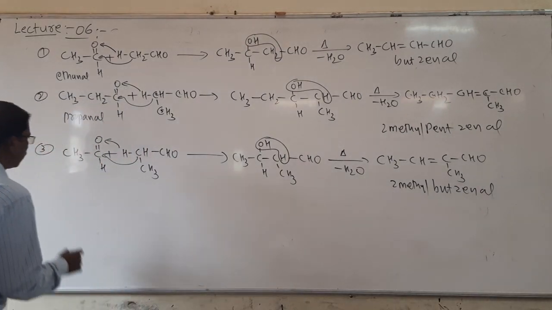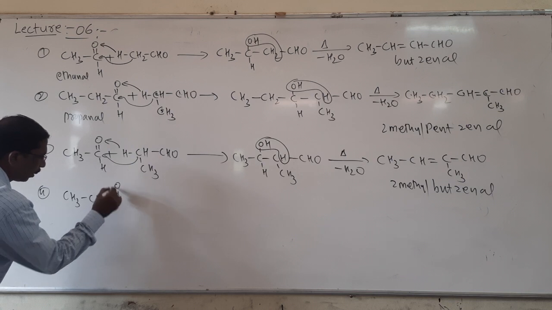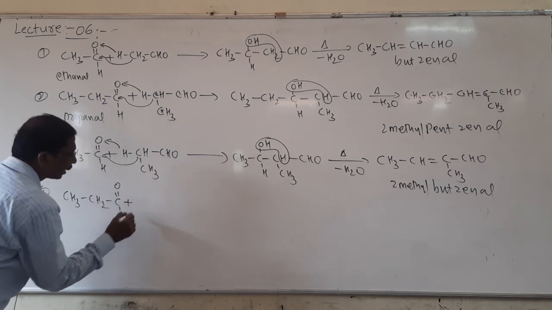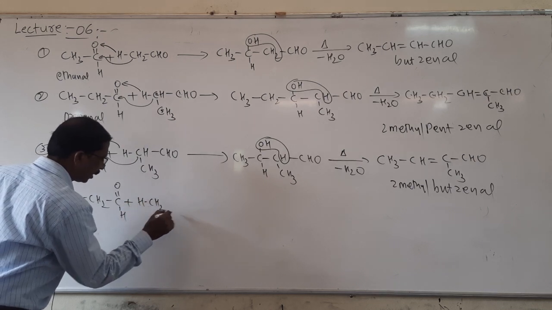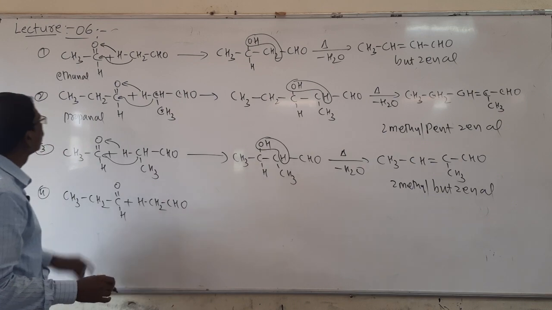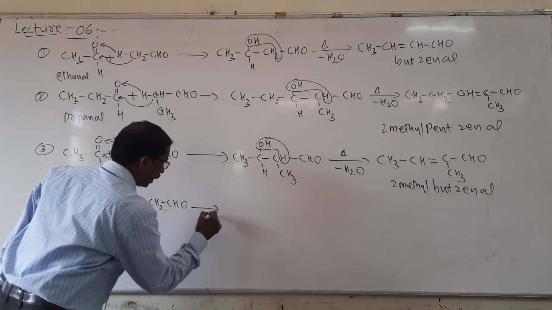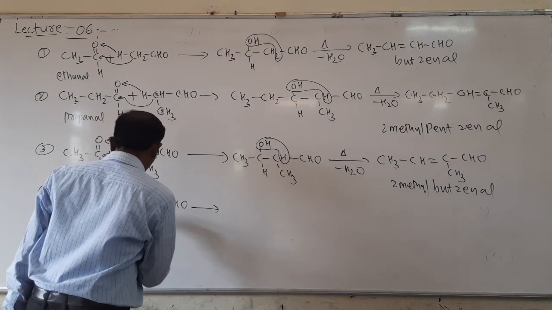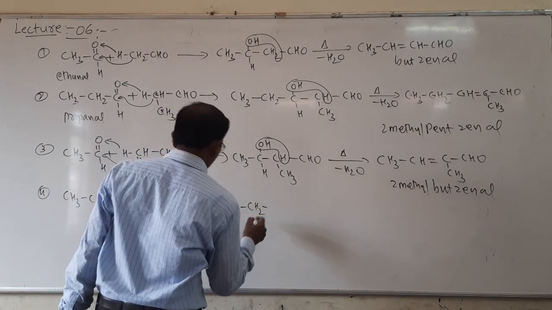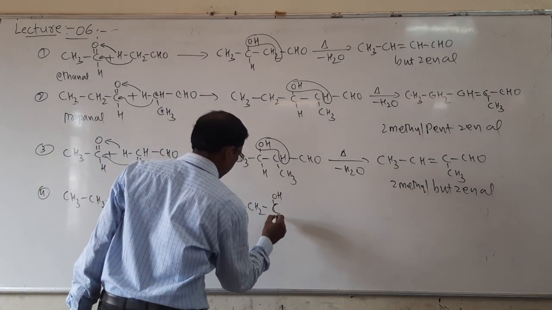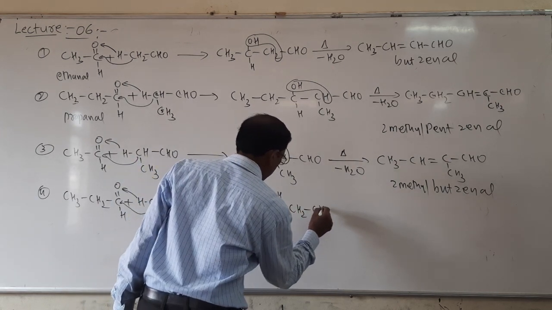Then the fourth product: 2-propanol, CH3, CH2, C double bond O, H, plus another, this ethanol. I will write ethanol as CH3, CHO. So here the OH is attached, and then it forms CH3, CH2, COH, H, CH2, CHO.